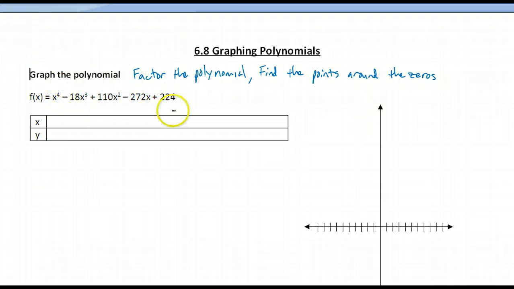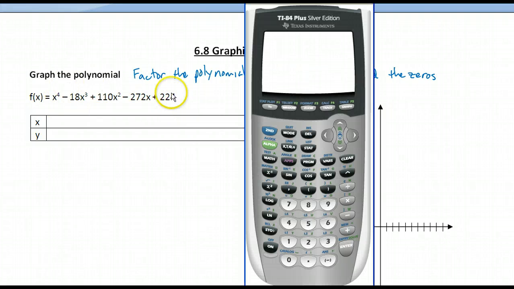To figure out that number, we're going to use our calculator, and we're going to find a 0 of the function.